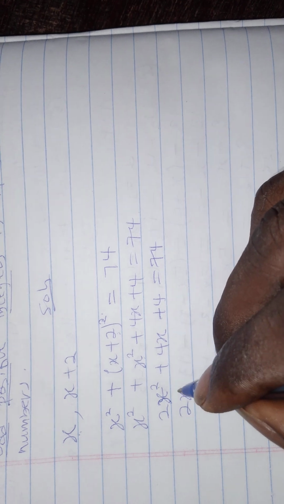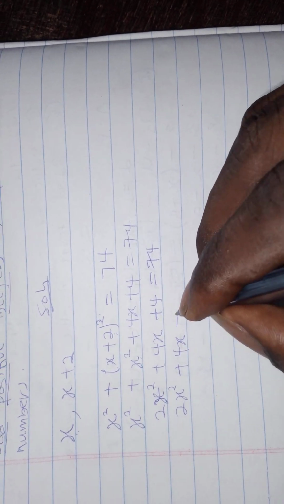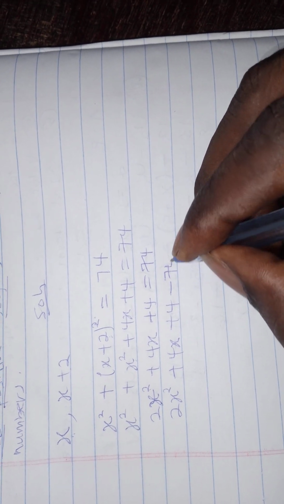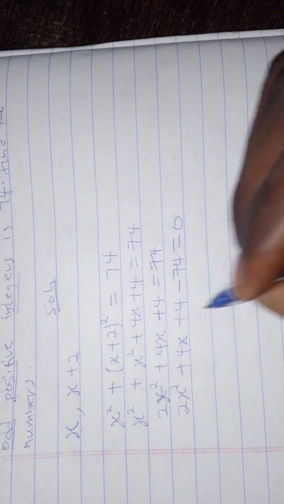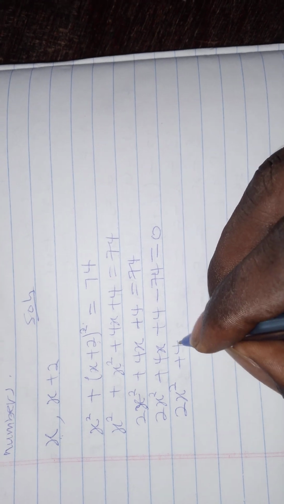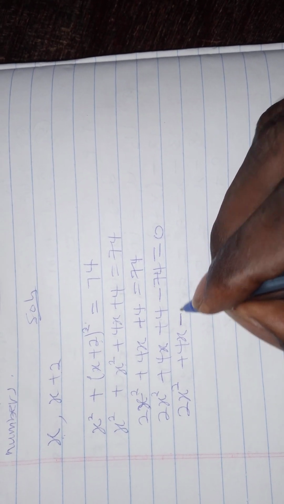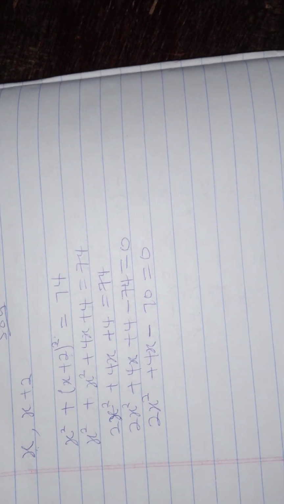So we have 2x squared plus 4x plus 4 minus 74 equals 0. Sending 74 to the other side, I have 2x squared plus 4x minus 70 equals 0.